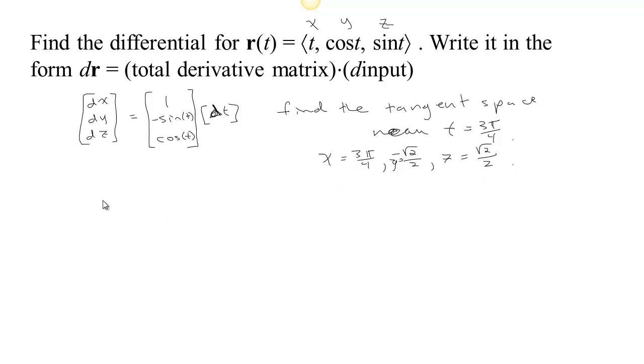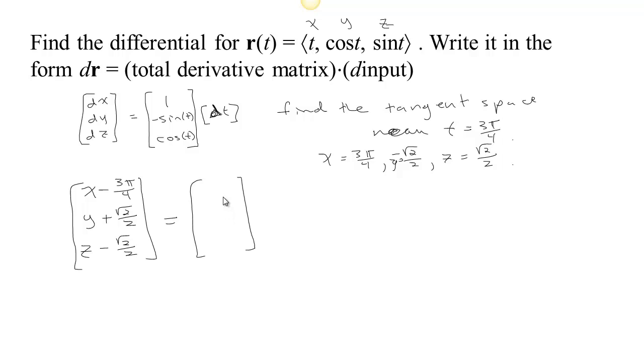So we get change in x would be x minus its center value, 3 pi fourths. Change in y would be y minus negative root 2 over 2, so y plus root 2 over 2, and z minus root 2 over 2. That is going to be equal to our rate of change matrix here, which is 1.